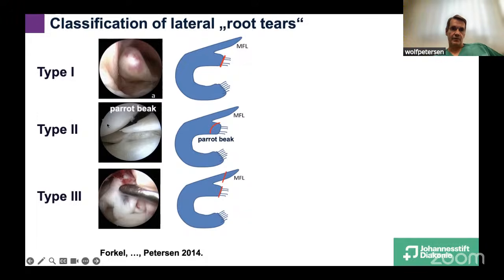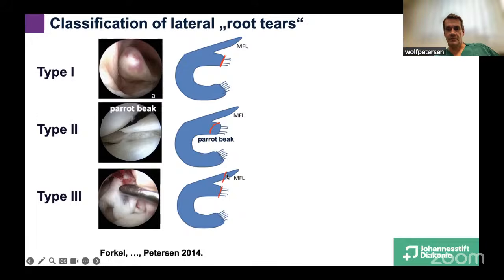The type 2 tear is a so-called parrot beak tear, which is an oblique tear pattern, also with an intact meniscofemoral ligament. And the type 3 injury is either a type 1 or type 2 tear in combination with an injury of the meniscofemoral ligament.